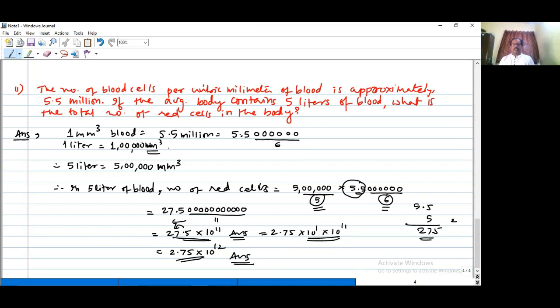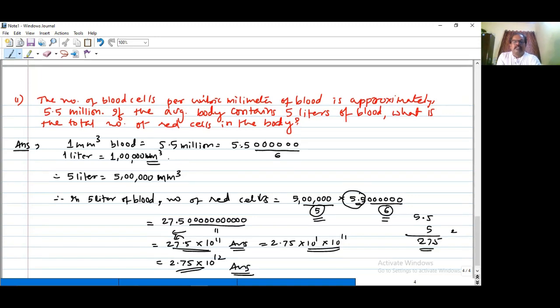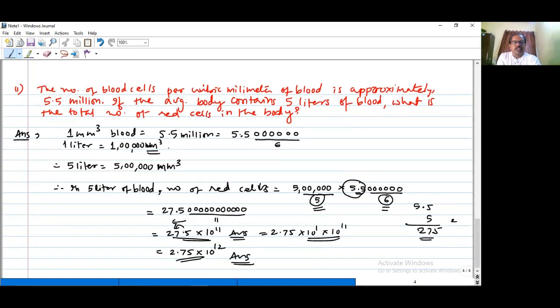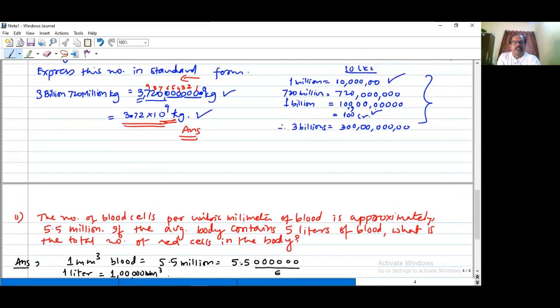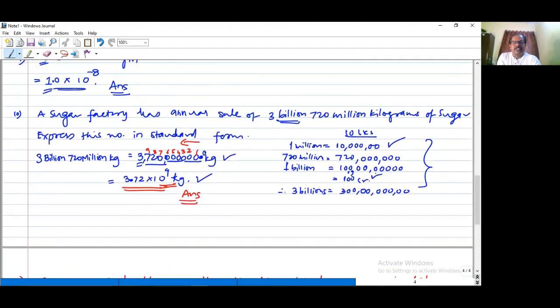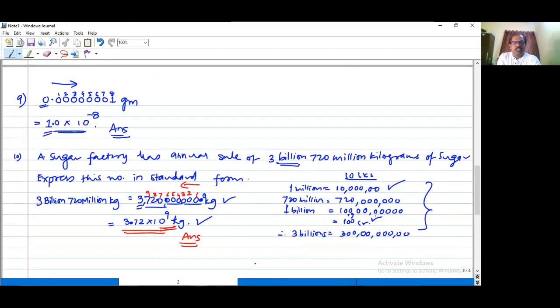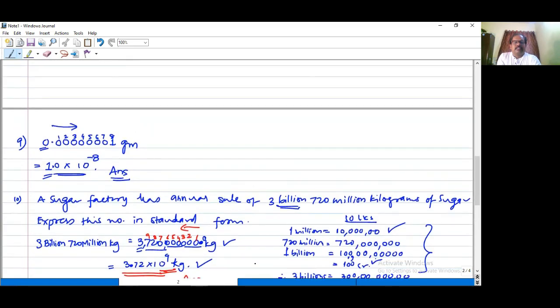So these are some examples from this exercise. The word examples are given. We have to simplify and express them in the standard form of that number, right? So you can go through all these examples, practice them, and try to see how we can express the answer in standard form.